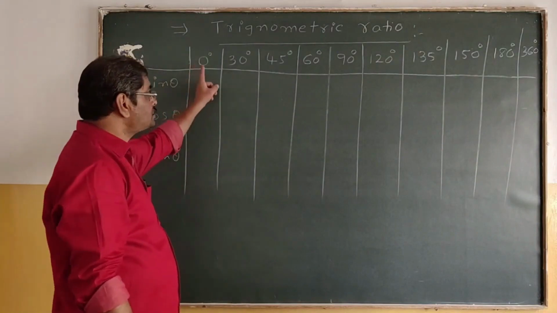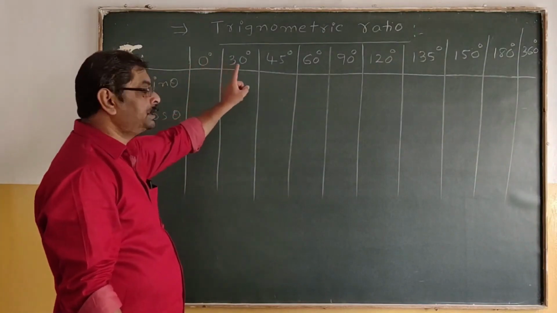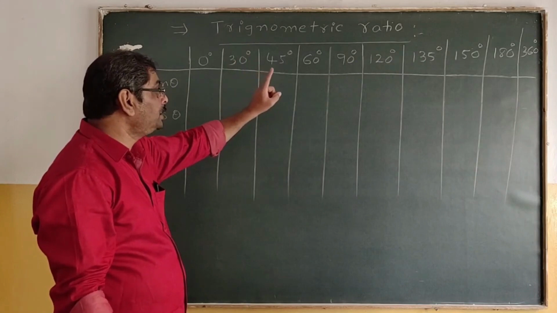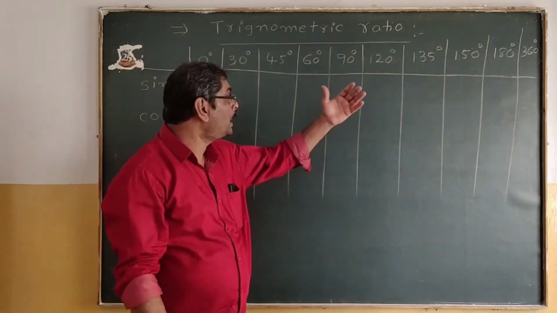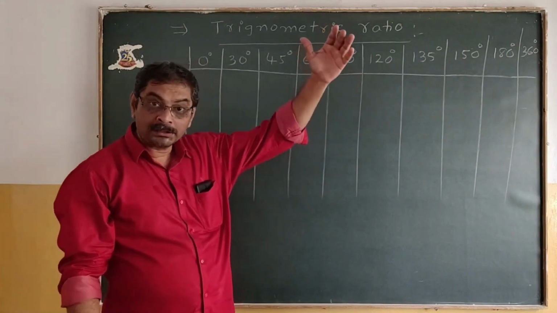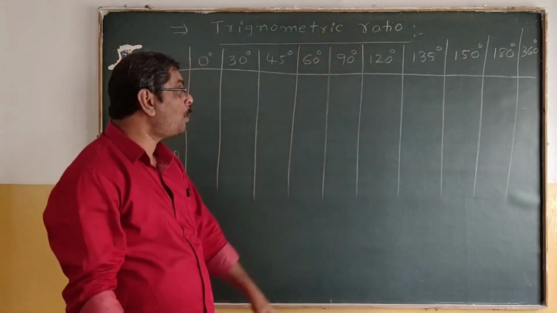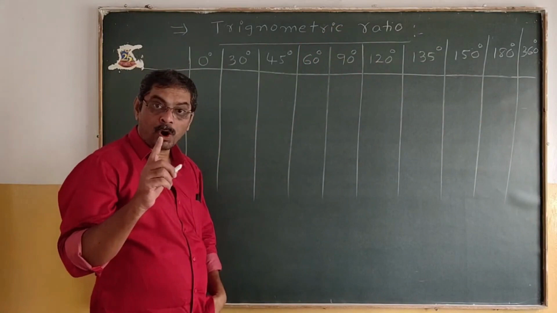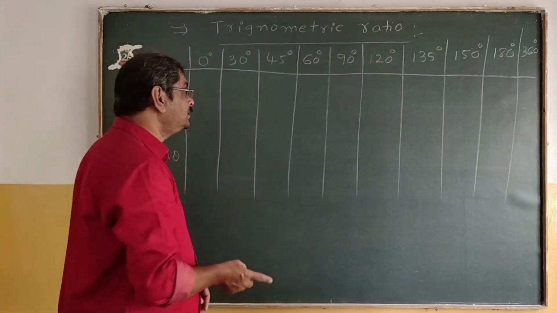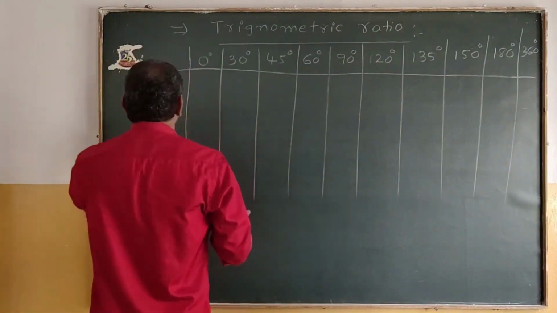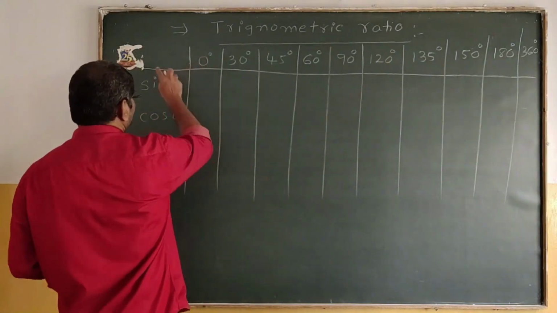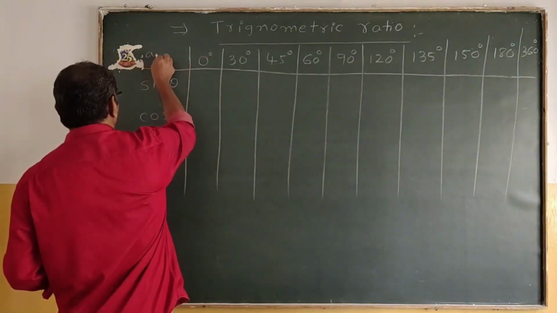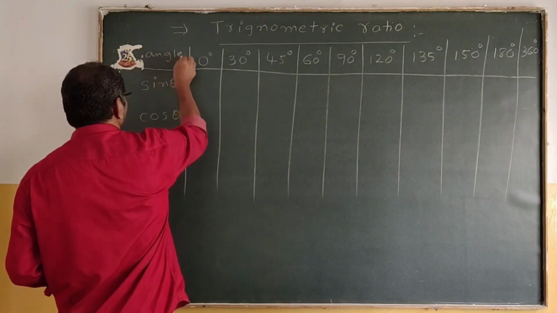So first we have 0 degree, 30 degree, 45 degree, 60 degree, 90 degree, 120 degree, 135 degree, 150 degree, 180 degree and 360 degree. Now remember, this is what we call the angle.